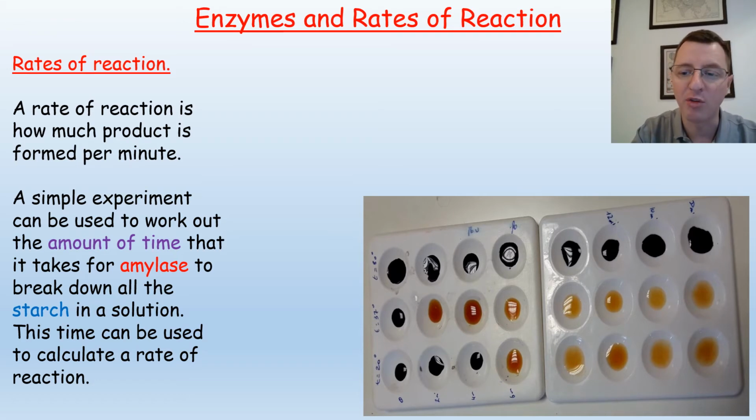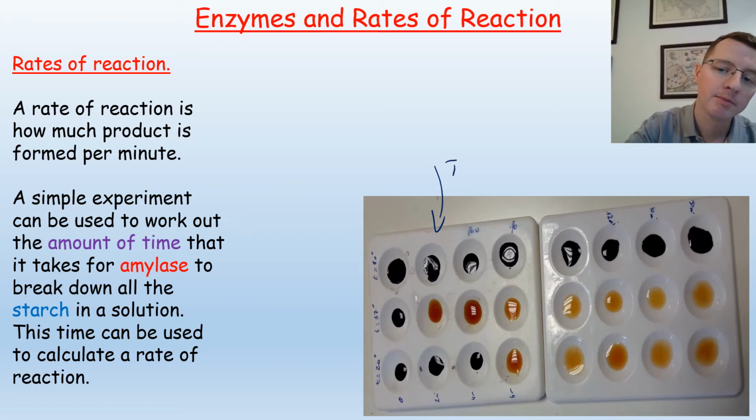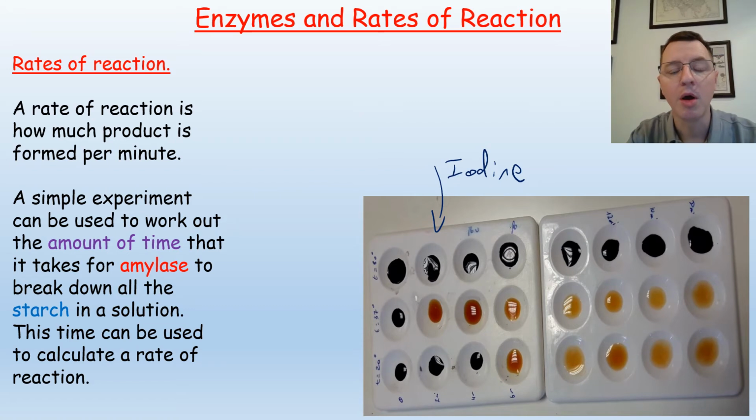You make certain they're both exactly at the same temperature, and then every minute or every 2 minutes you remove a small amount of the solution and you put it into a spotting dish here. These are some spotting dishes or spotting trays, and each well of a spotting tray contains some iodine. And in that way you can tell whether or not starch is present.